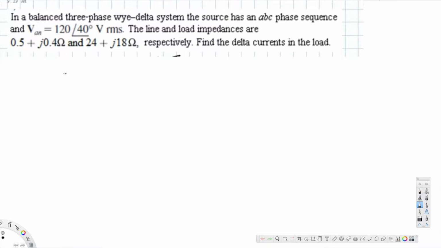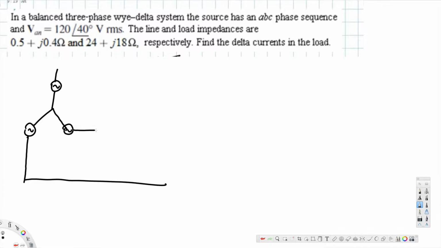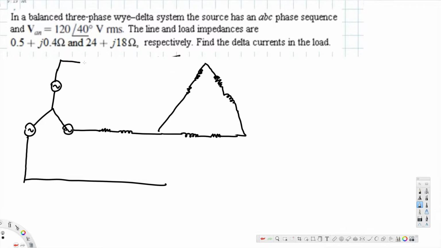Now let's go ahead and draw the circuit. Here delta, and this one is connected to the first voltage source.